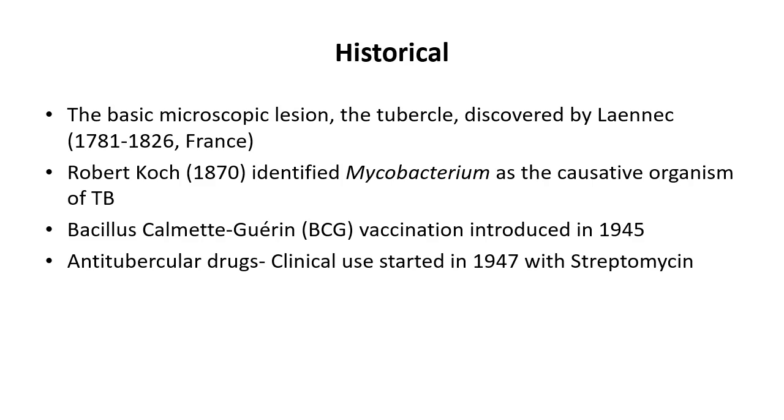The next advancement of note was the identification of Mycobacterium as the causative organism of tuberculosis by Robert Koch in 1870. Another advance was the introduction of the BCG, or the Bacillus Calmette-Guérin vaccination, in 1945.